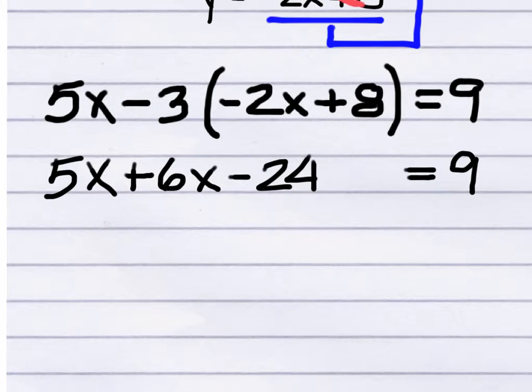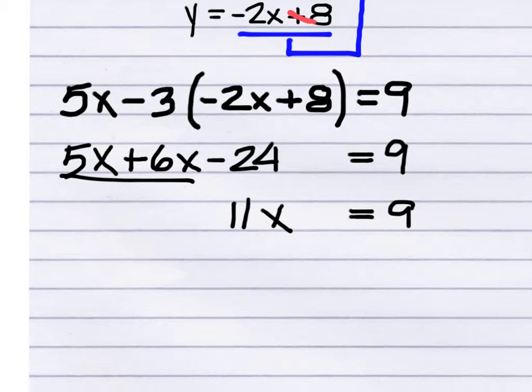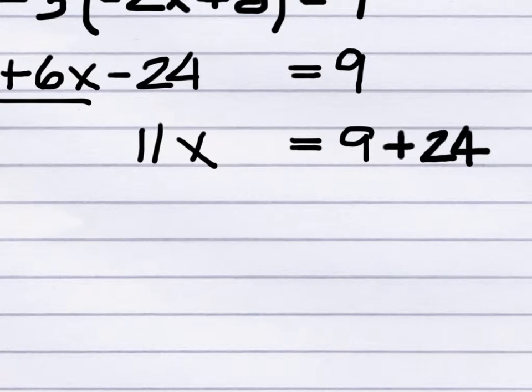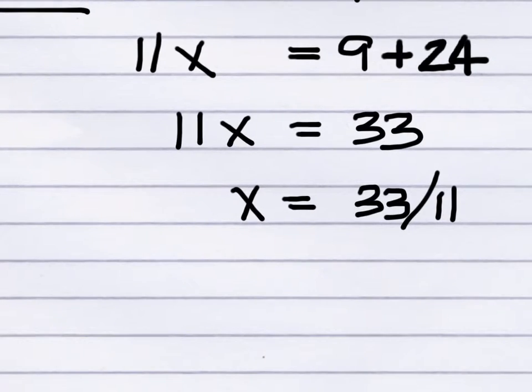Add the x's together to get 11x. You can move the minus 24 to the right side, which becomes plus 24. So 11x equals 33. Divide the 33 by 11 to come up with 3.